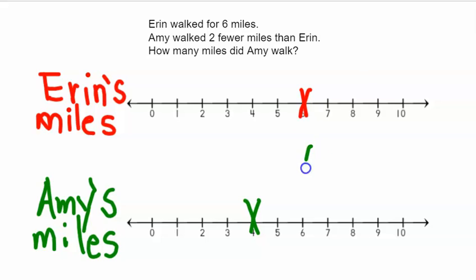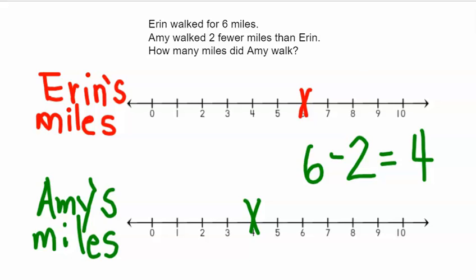How did I know that? Because if I had 6 and I took 2 away, how many did I have? 4. Let's look at this equation and think about what each number represents. What does the 6 represent?